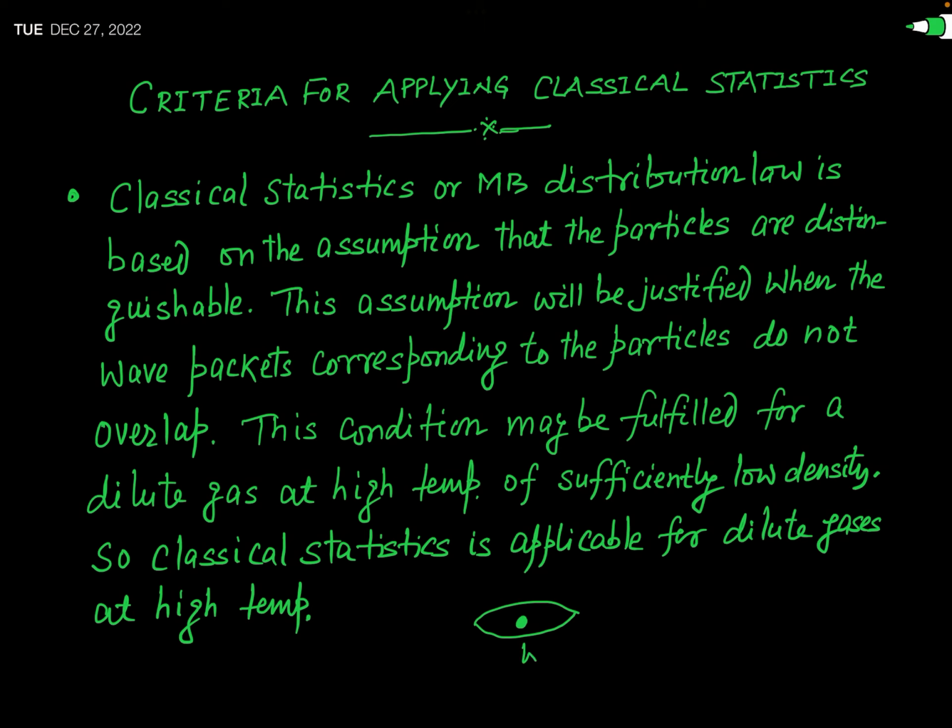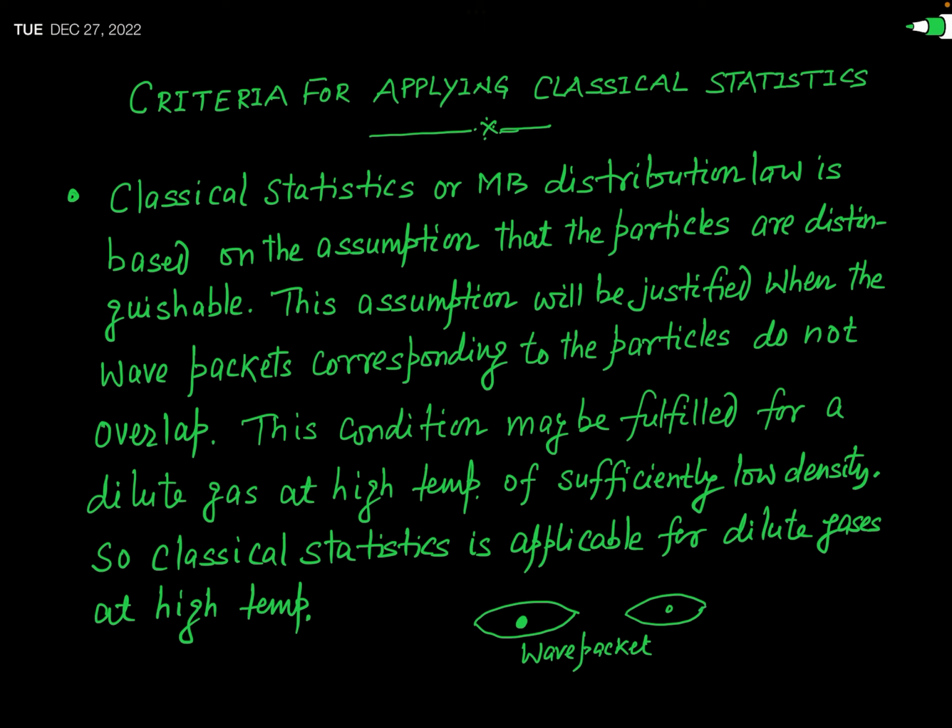So if this is the wave packet associated with a particle, definitely this particle is found somewhere inside its wave packet. And let us consider this is another particle and this is the wave packet of the other particle.